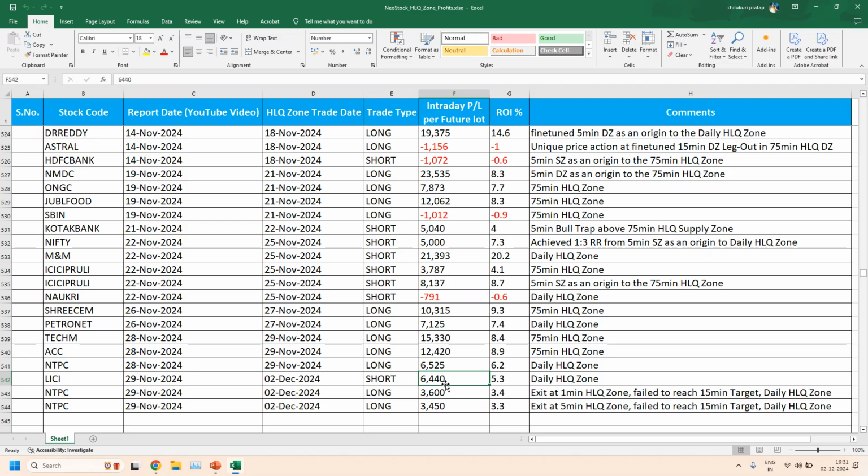Without learning, if you take the course, what will happen? You don't properly fine-tune the zones. You won't get the trades. So you have seen LIC, it is very clean and neat, right? Even that level of fine-tuning, if you are unable to do, you won't get the trades. It is a very simple fine-tuning, no complication at all in LIC.